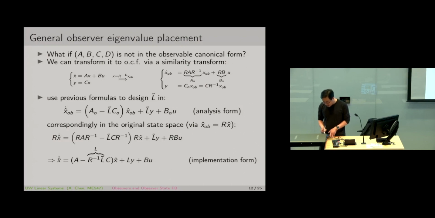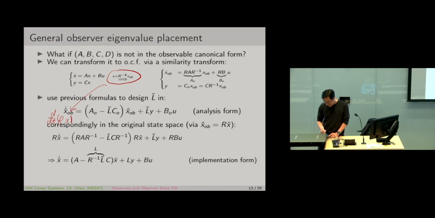That is not difficult either, because once we design L tilde for the state equation after the similarity transform, we know that x and xOB have this static relationship. So x hat OB simply means R times x hat, and its derivative is R times x hat dot.